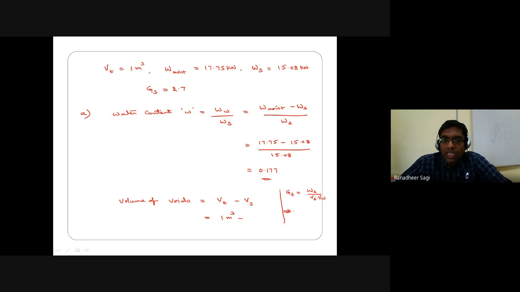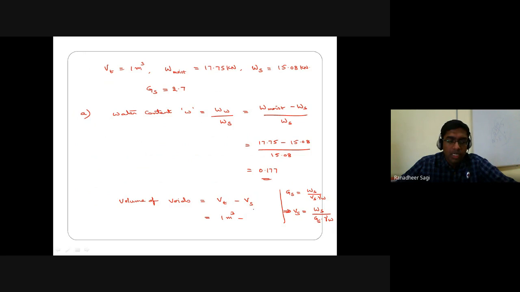So from this, I can get the volume of solid particles: Vs equals Ws by Gs into gamma W. Let me substitute the values of Ws, Gs and gamma W into this expression.